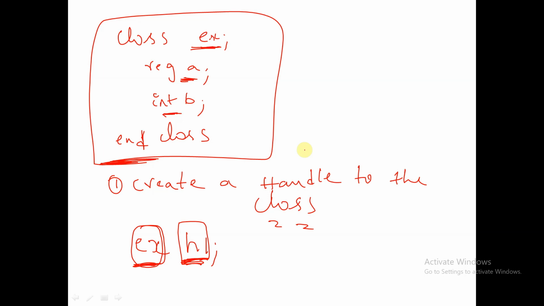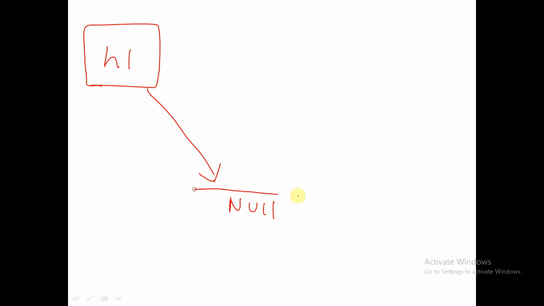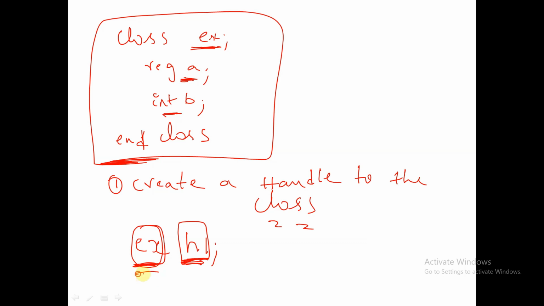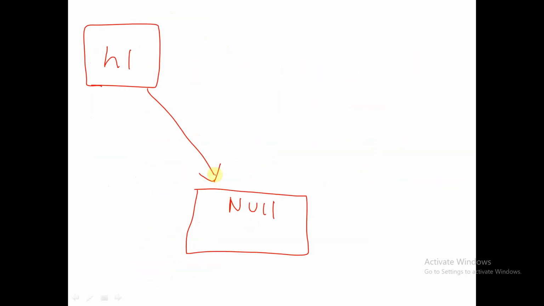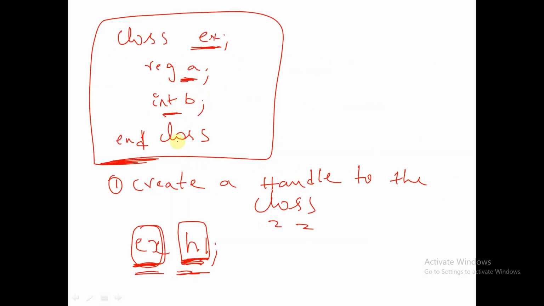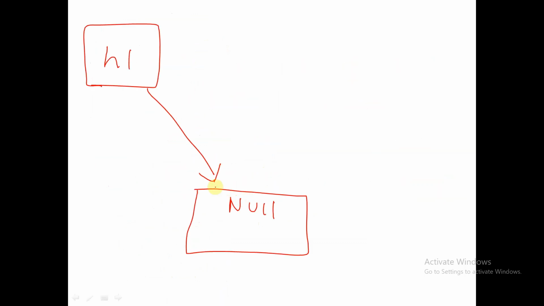Yeah. So when we create a handle, in our case h1, it will be pointing to a memory location which is called null. So when we create a handle like this, ex h1, it is initially pointing to the null memory location.